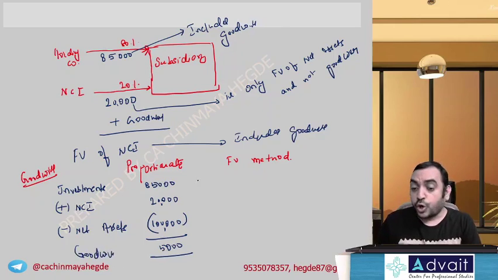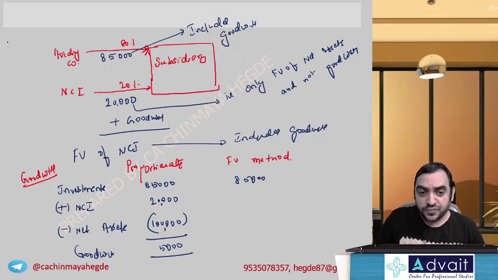So what do we do under the fair value method? Investments we will take at 85,000. The same basis as we have used for investments, I'll use for NCI. Usually in the examination problem, they'll give you the fair value directly. For simplicity's sake, let's say the number of shares is 80,000. So what is the fair value per share? 85,000 divided by 80,000 shares.